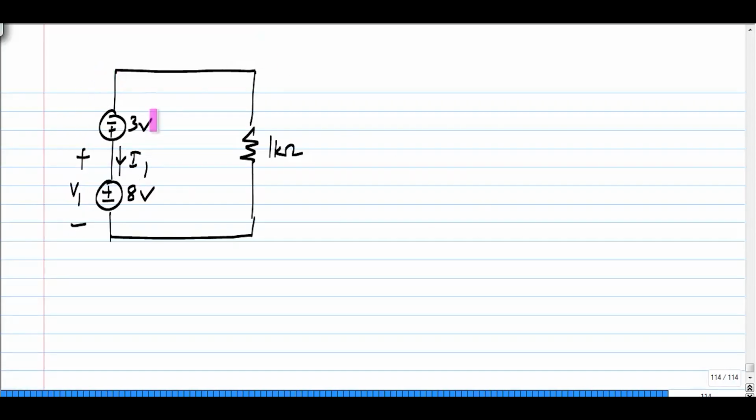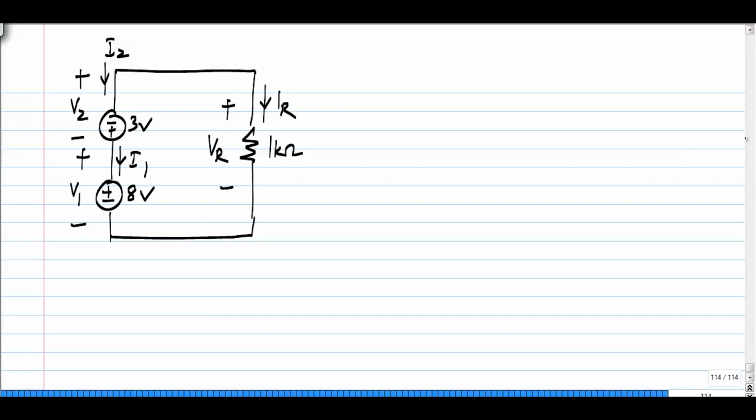Now, I will consider the 3-volt source, and I can define the first variable any way I want. So, deliberately I will define it like this, V2. Note that V2 is opposite in polarity to the voltage source voltage itself, but that does not matter. Once I choose V2, I have to consider I2 like this for passive sign convention, and similarly I will consider VR and IR.